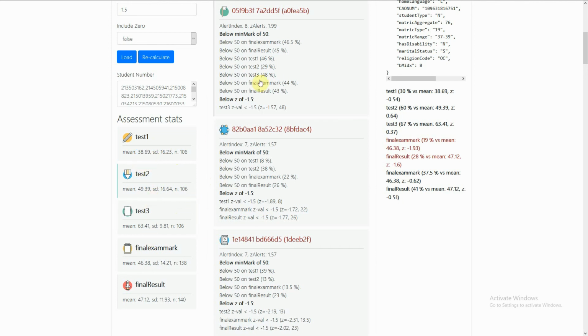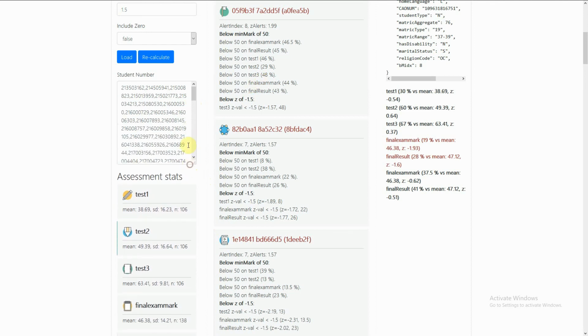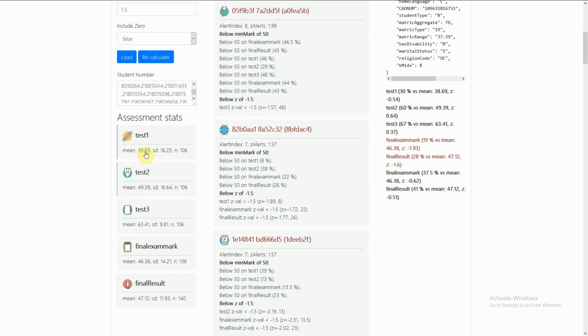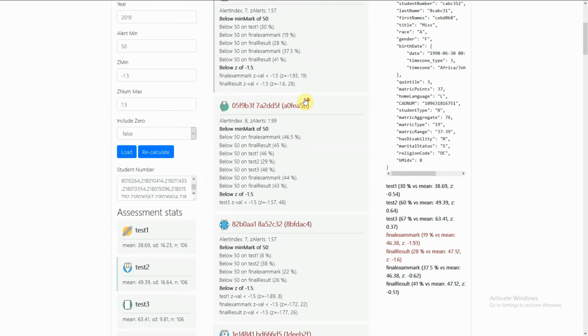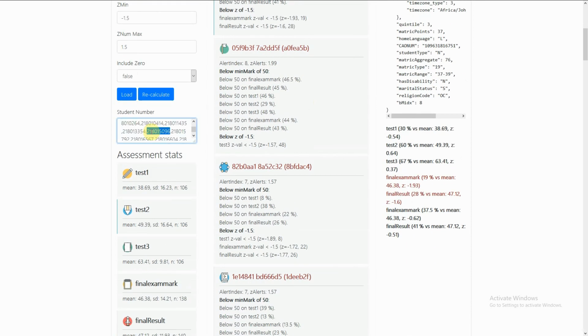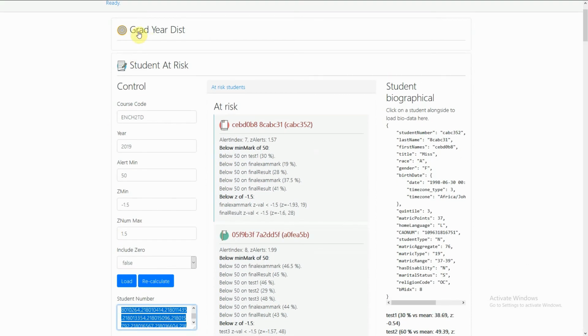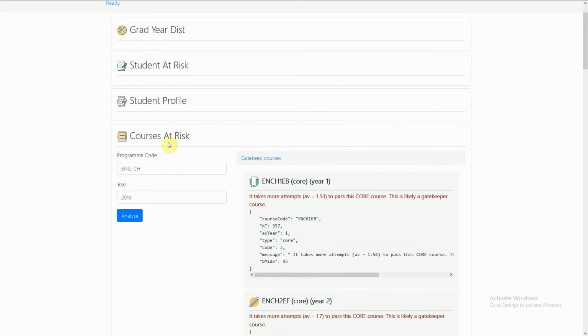And anyway, let's think about whether these students are really poorly prepared. So the fact that the mean mark in all these assessments is so low, it's an indication that there are other issues at play, and it's not necessarily the student preparedness and the student metrics. Now you can go ahead and copy out these student numbers, and you can insert them into the student profiling section.